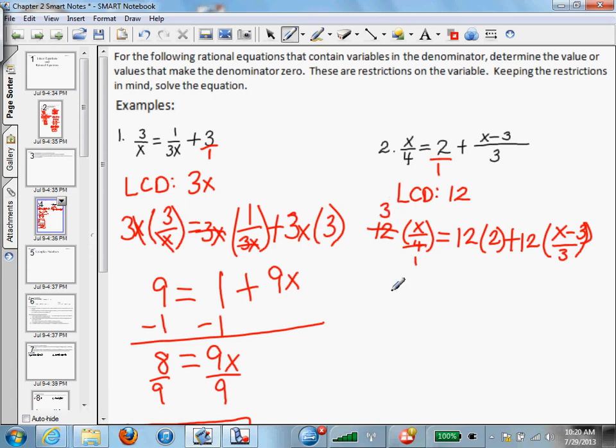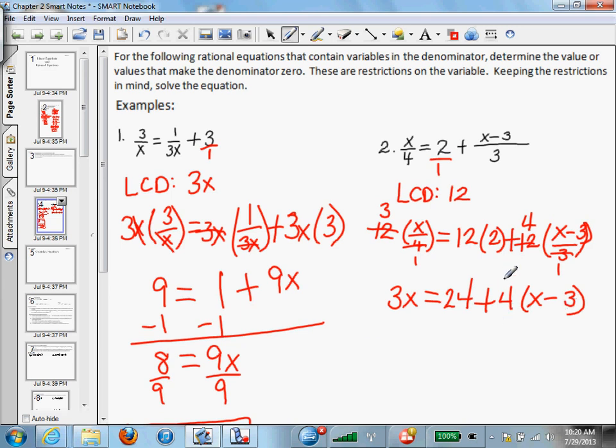So we're left with 3 times x, which is 3x. Over here, 12 times 2 is just 24. Using cross multiplication for this last part, 3 can go into itself 1 time, 3 can go into 12 4 times. So we just have plus 4 times the quantity x minus 3.